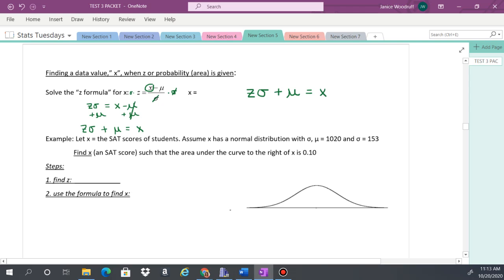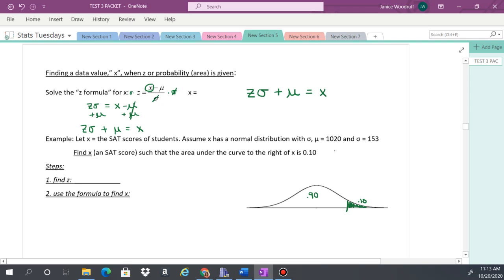So before you do step 1, let's go ahead and draw this out. So find the x value, so the actual score. So the area under the curve to the right is 0.10, which means this. If this area right here is 0.10, this area right here is 0.90.